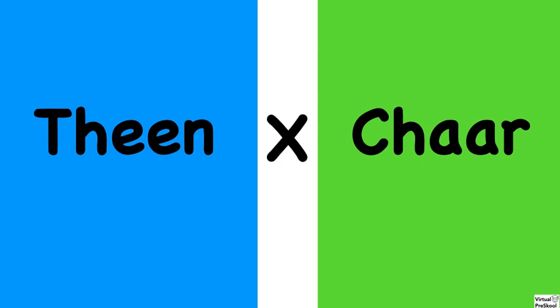Theen X Chaar. So first, make sure you translate those Hindi words into English. What numbers are those in English? And then do the math problem. Theen X Chaar. I'm going to give you a few seconds to figure out what those are in English.